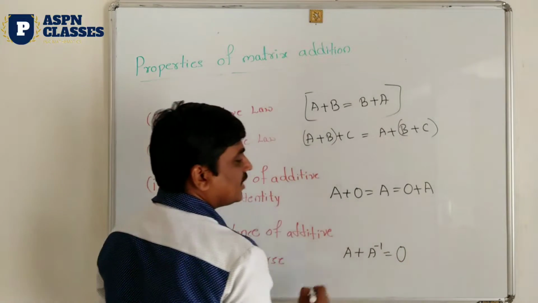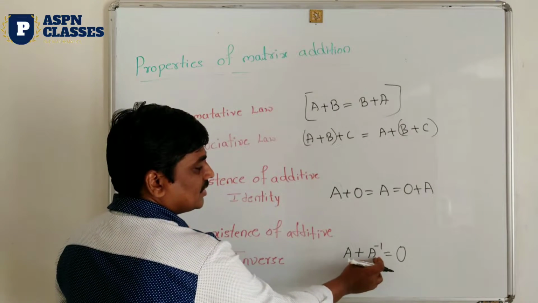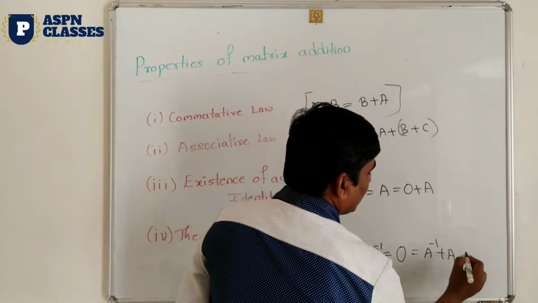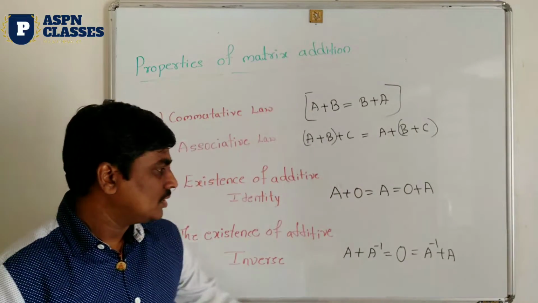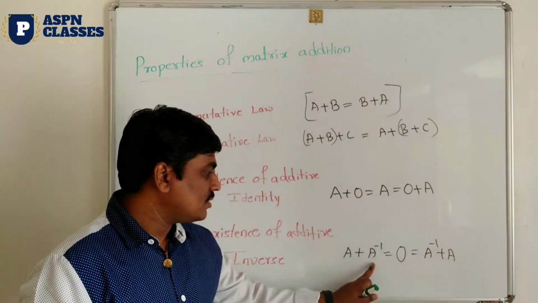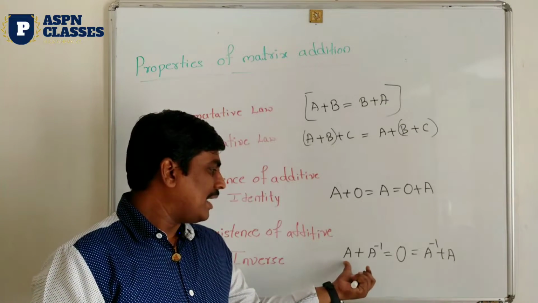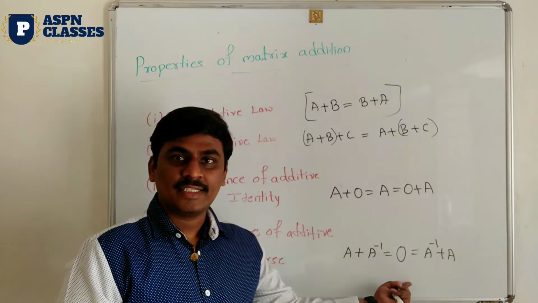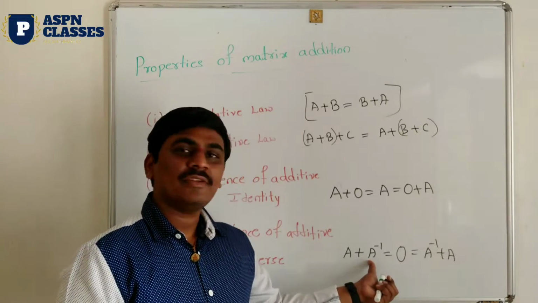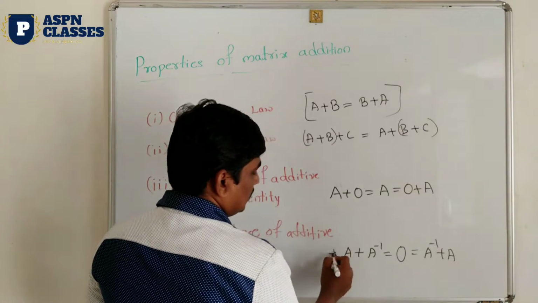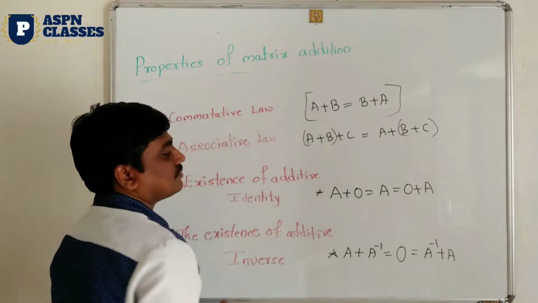You have to get that result compulsorily, then only you can say this is the inverse of the matrix. And in reverse, A inverse plus A gives the same answer. So this is your identity and this is the inverse of the matrix. Whenever you add a matrix and its inverse and get the identity element, that result is the inverse of the matrix. Correct? So these are the results.